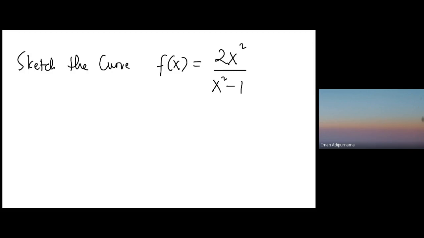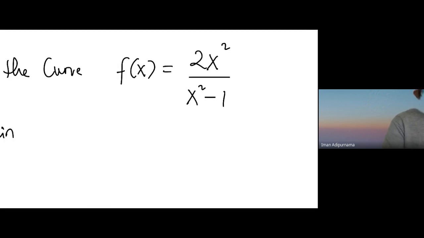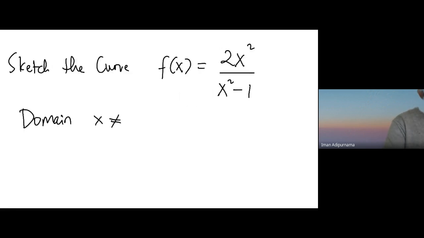Okay. Now, if you look here, we can think about the domain first. For the domain, remember, if you are looking at the rational function here, x should not be equal to plus or minus one, right?